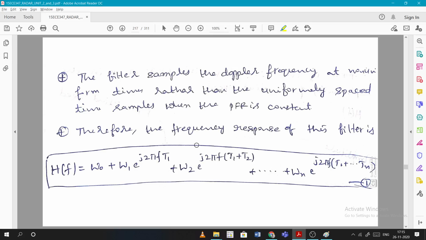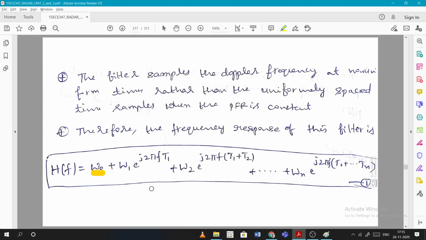Therefore, the frequency response of this filter will be H(f) = w0 + w1 e^(j2πf T1) + w2 e^(j2πf(T1+T2)). Here w0, w1, w2 are weights, constants that you should choose properly. Basically the time delay should be added, the same way we used the delay line canceller.